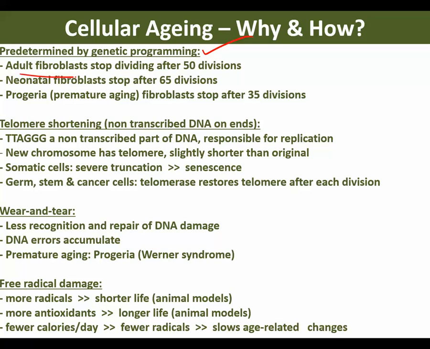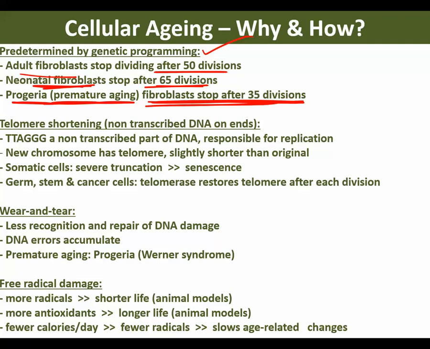For example, an adult fibroblast can divide a maximum of 50 times, and a very young fibroblast can divide 65 times. Progeria is a condition called premature aging. In this condition, the fibroblast stops division after the 35th time. So the fibroblast can divide only 35 times in progeria, and the progeria patient goes for premature aging.